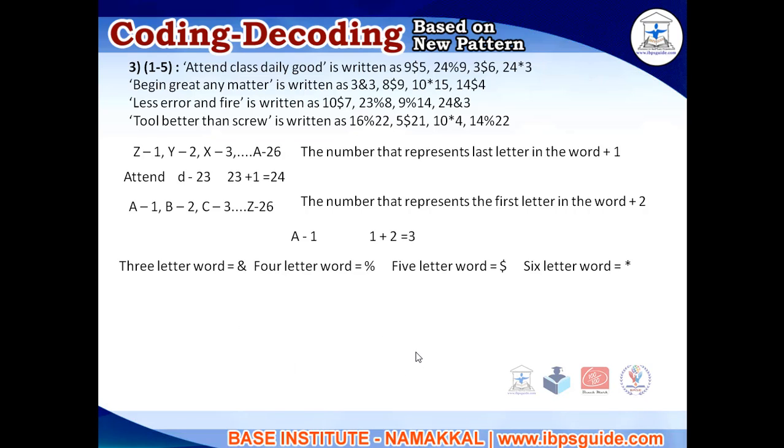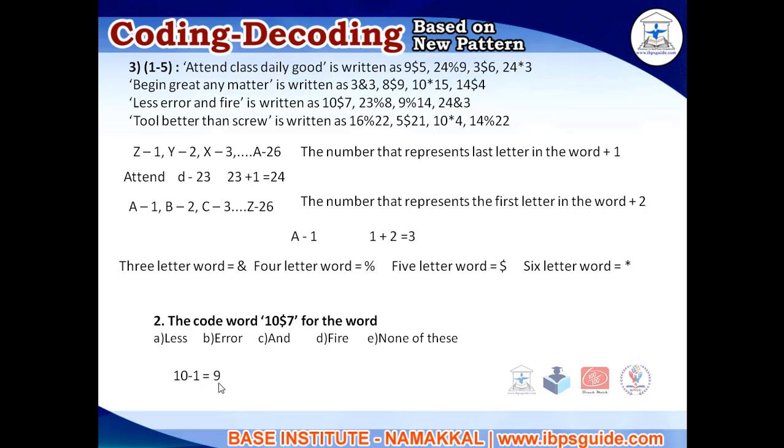The code word $10.7 for the word. As per the logic, the number 10's coded digit would be placed as the last letter of the word, and also the coded digit should be one value less than that of 10, that is 9. Friends, see here, when we find out the word's coded numerical value, we increased one value. Then in the reverse process, we should decrease one value, it should be in the last digit.